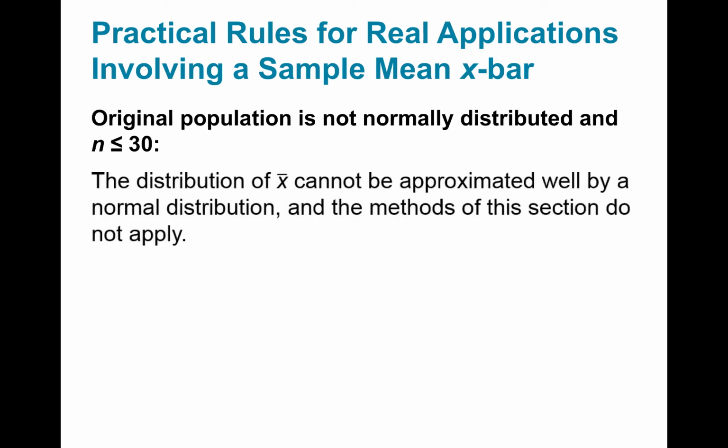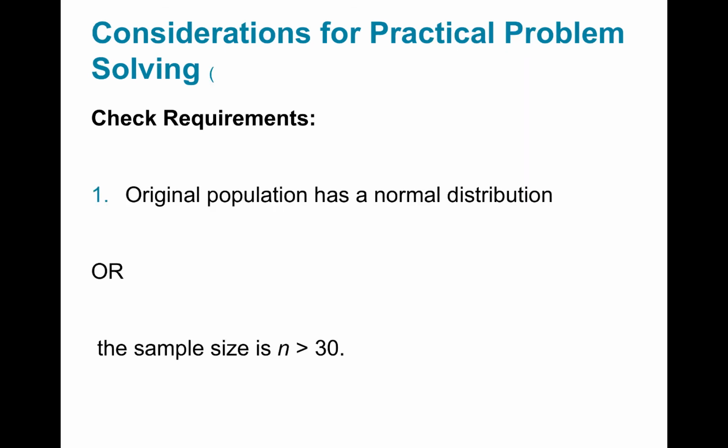So if neither of those two requirements hold, then we're out of luck. We won't be able to use our previous results. So when solving problems, we need to be aware of two things. One is that we have to check the requirements: either the original population is normally distributed or the sample size is bigger than 30.